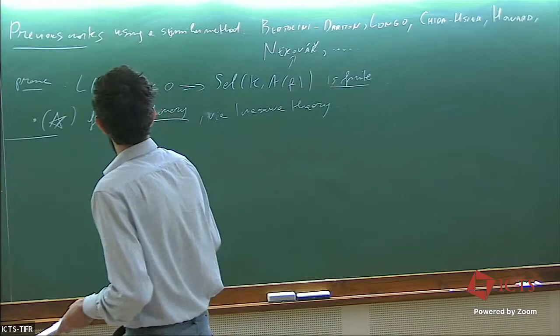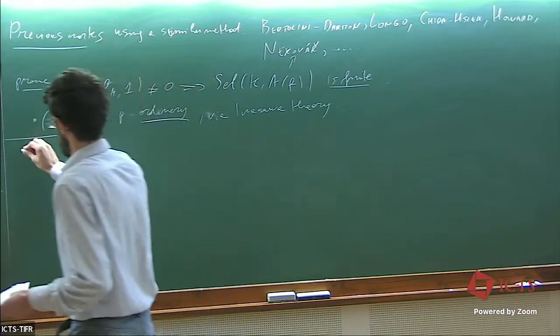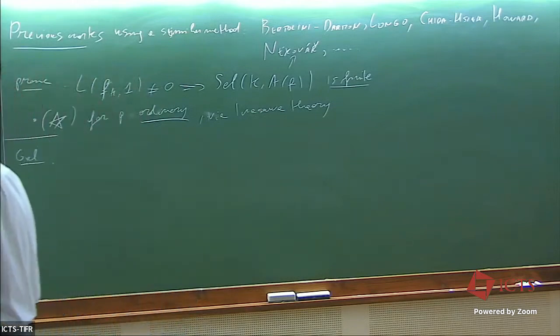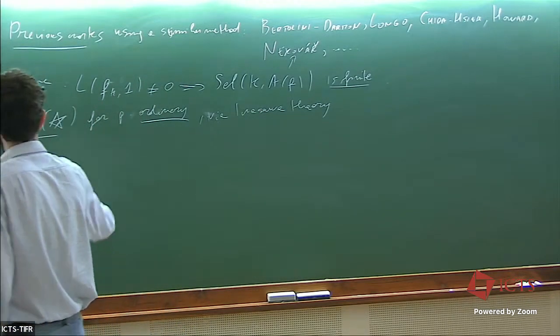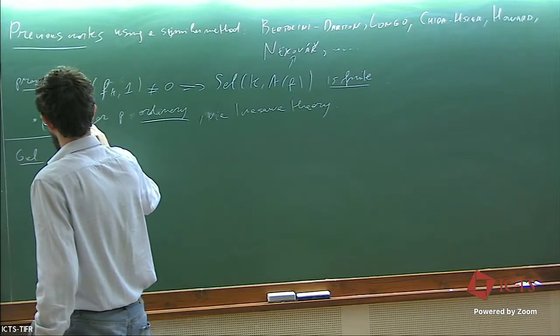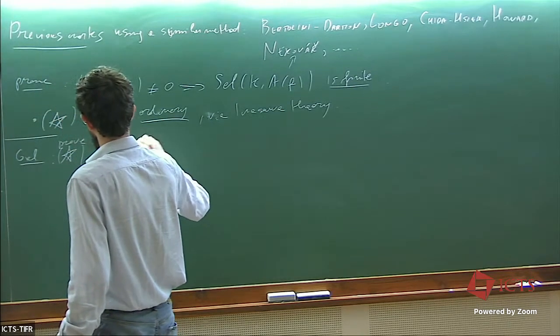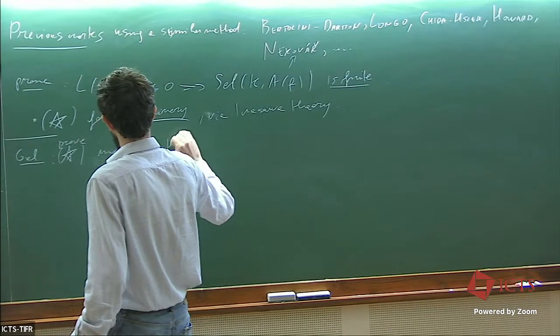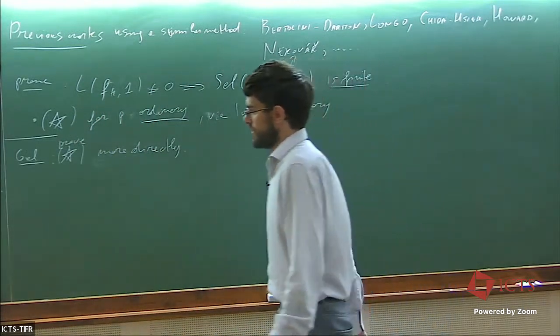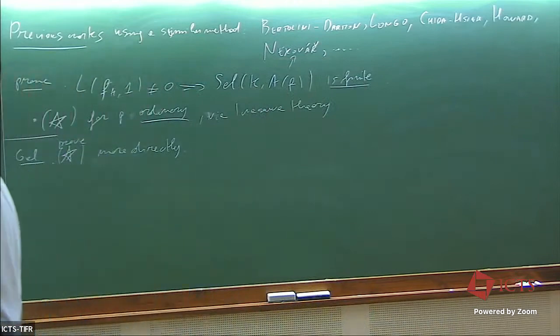This is what people usually did, and the goal of today is just to explain how to prove this inequality, at least, let's say prove star more directly, by which I mean, for example, without going through Iwasawa theory. The advantage is that in my theorem, I don't have to assume P is ordinary.